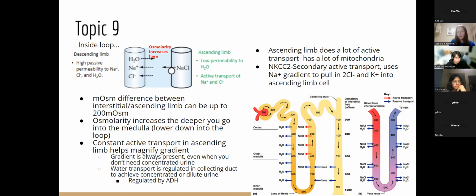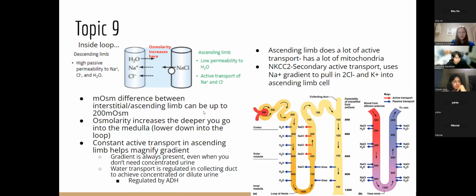And another point that Dr. Cho mentions is the ascending limb has a lot of active transport. So he calls it the thick ascending limb because it also has a lot of mitochondria to do all this active transport. NKCC2 in the ascending limb is a secondary active transport protein, which uses the sodium gradient to pull in 2 chloride and 1 potassium into the ascending limb cells.